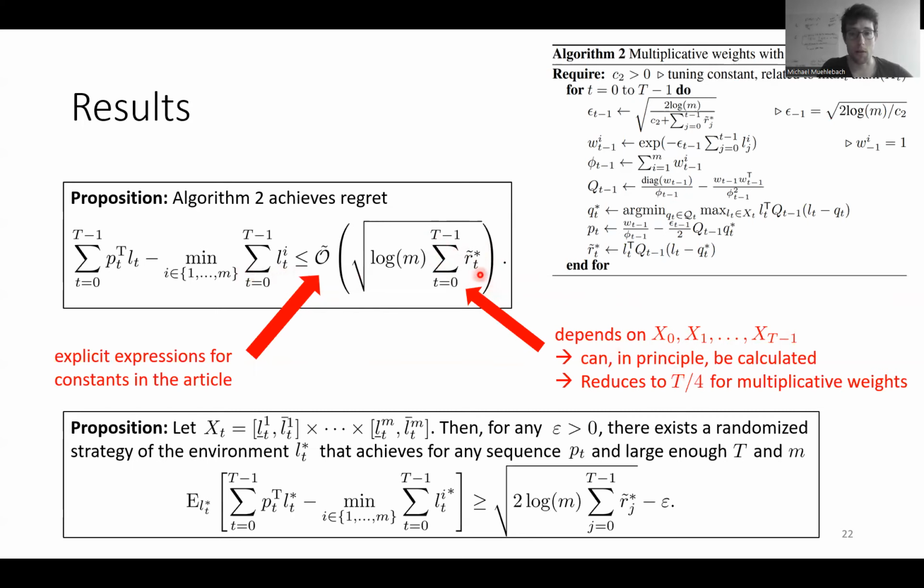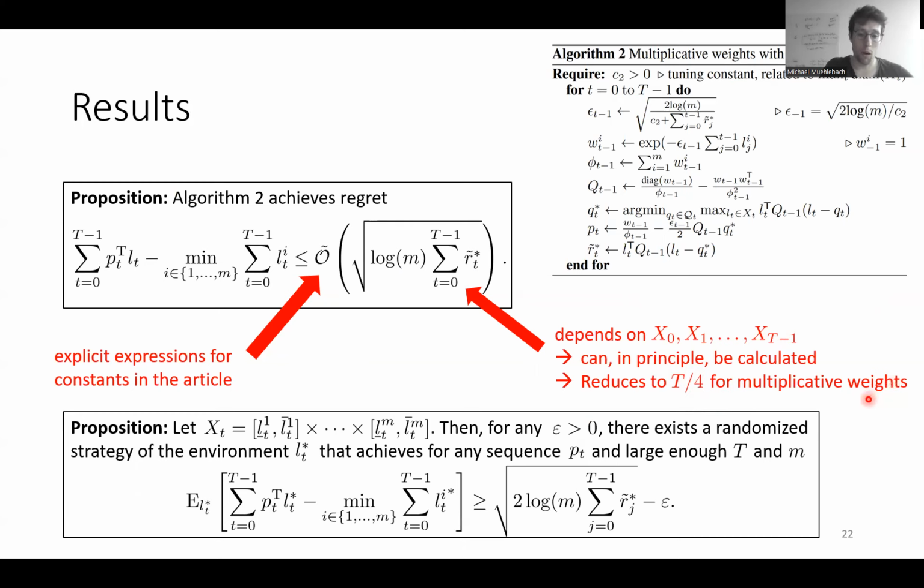But in general, this is a general formulation, and there's a relatively complex relation between the sequence of these sets and the regret. That's one important point. The other important point is that this reduces to T divided by 4 for multiplicative weights. So again, we covered the multiplicative weights results.